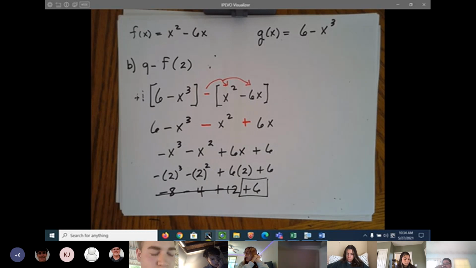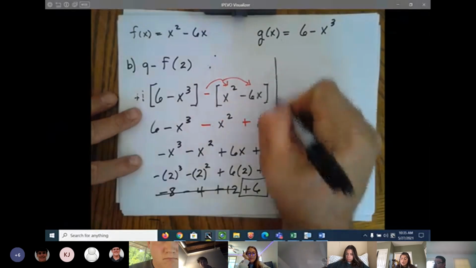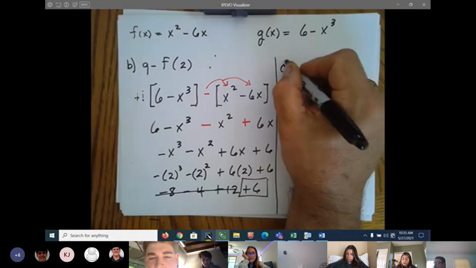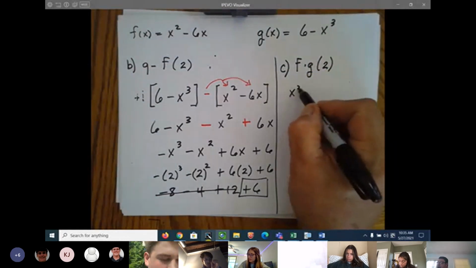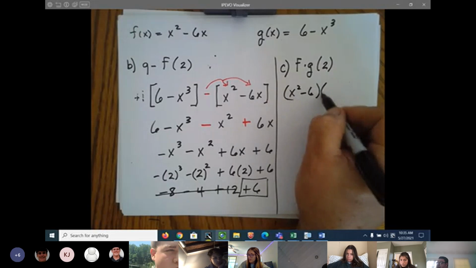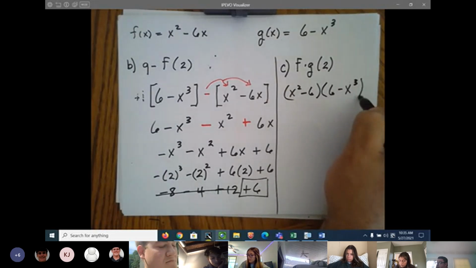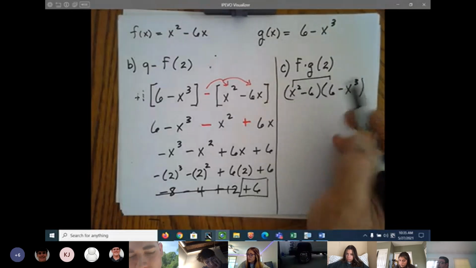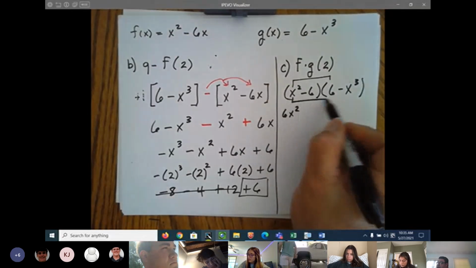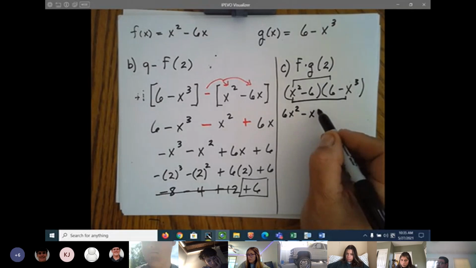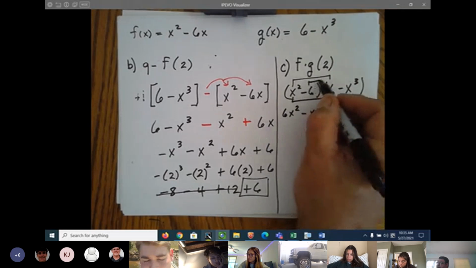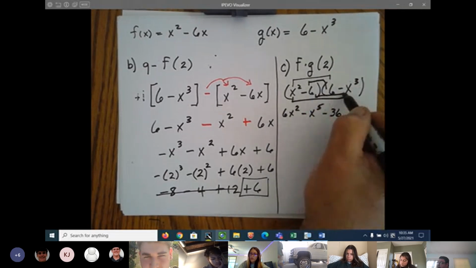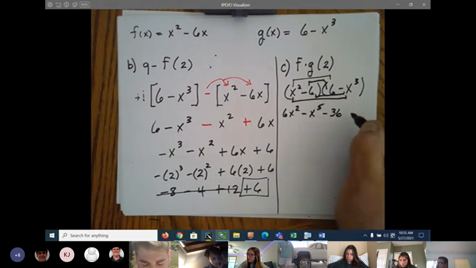All right, now let's do f times g of 2. And that's going to be x squared minus 6 times 6 minus x cubed. First, 6x squared outside, negative x to the 5th. Inside, negative 36. And last, positive 6x cubed.